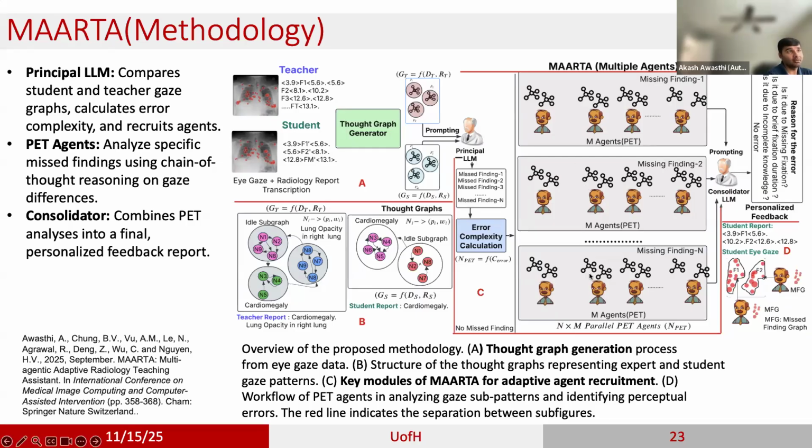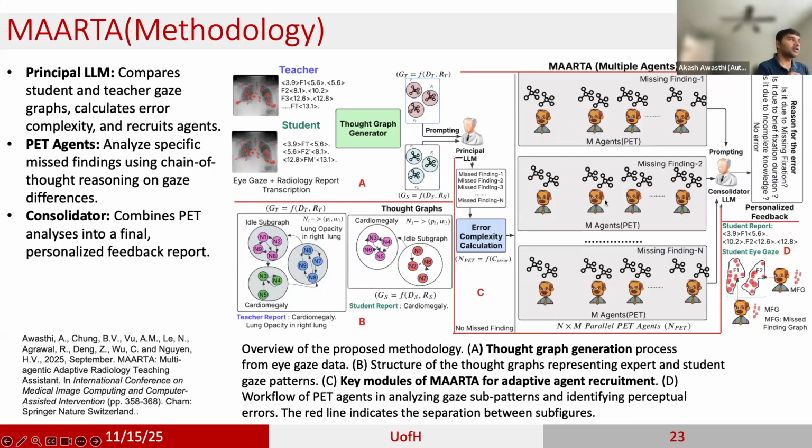If you have four abnormalities, then you will have four rows, and each row will have a number of agents based on how complex that particular missed finding is. If the student has so many subgraphs to compare with, then we will have many agents to check the region. So you can see the amount of data is reduced.